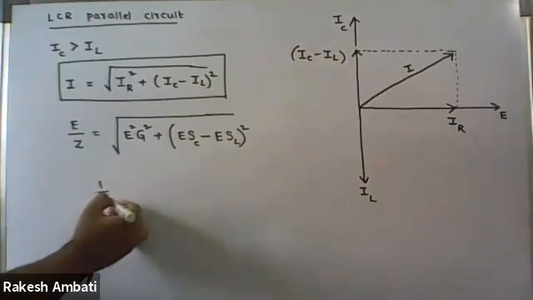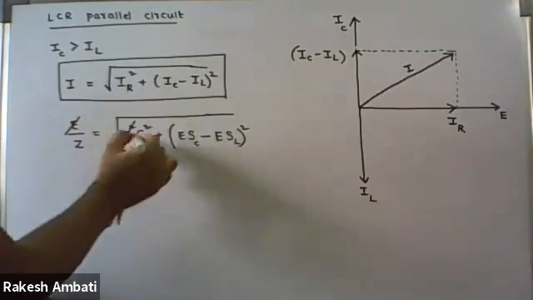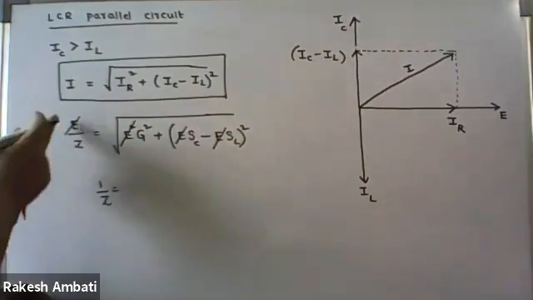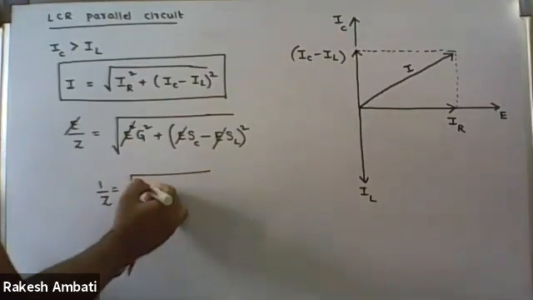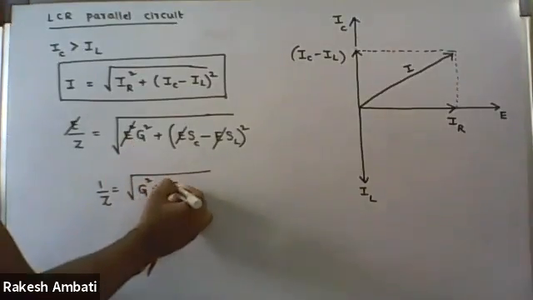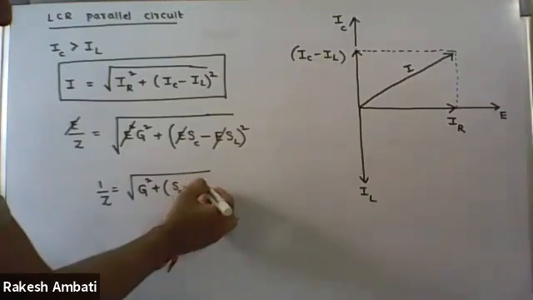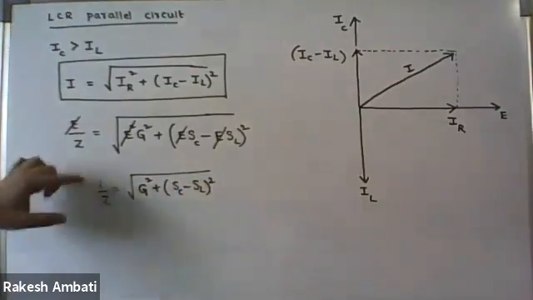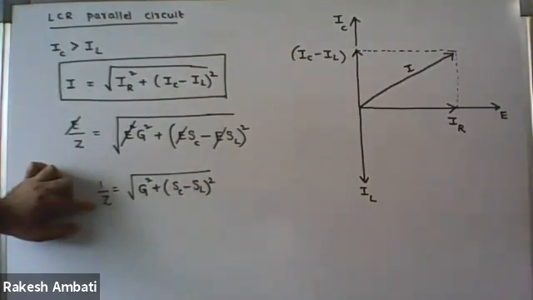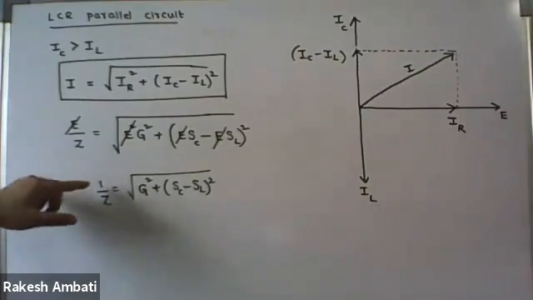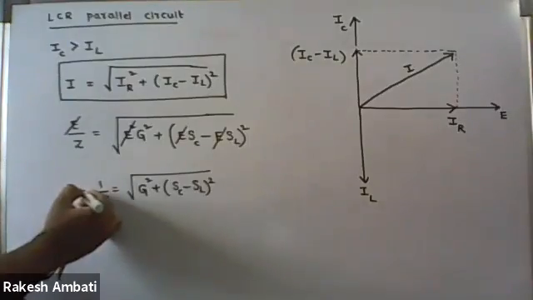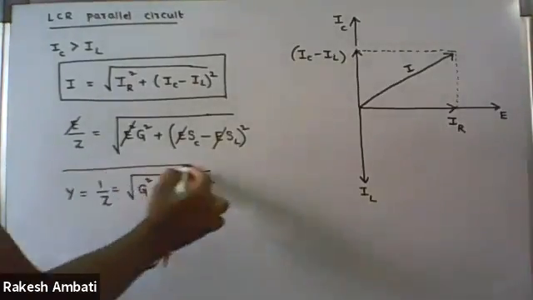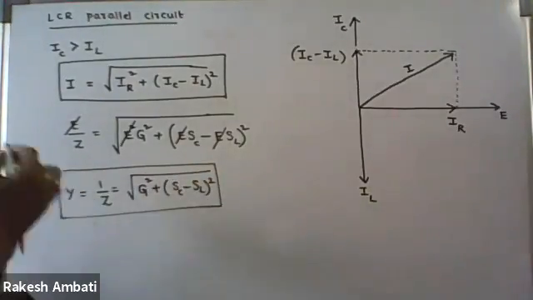Therefore, 1 upon Z equals root over G square plus SC minus SL to the whole square. This 1 upon Z, reciprocal of impedance, is nothing but admittance Y.